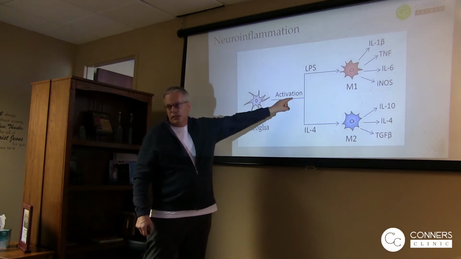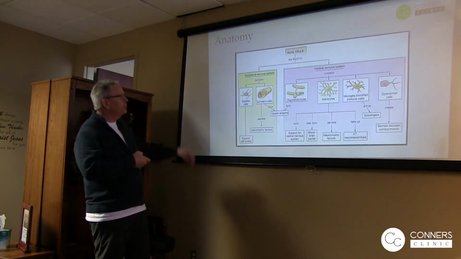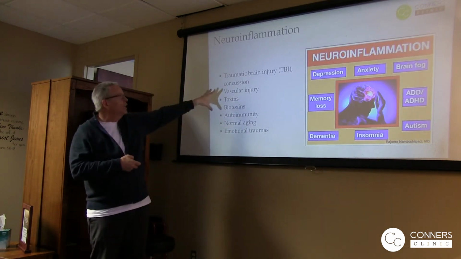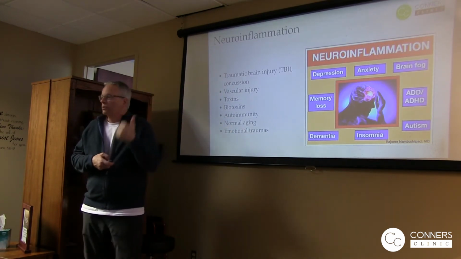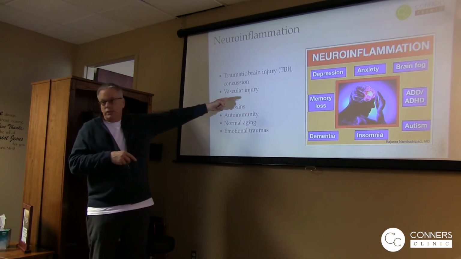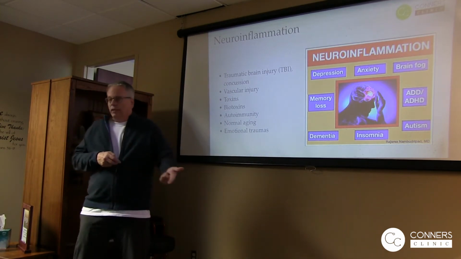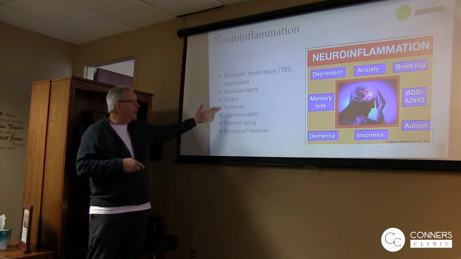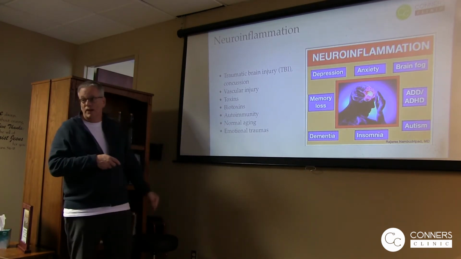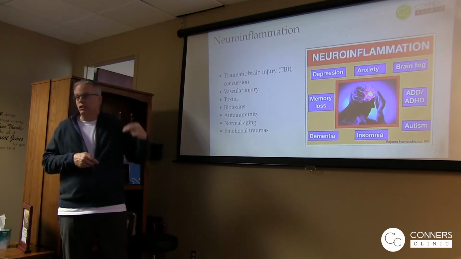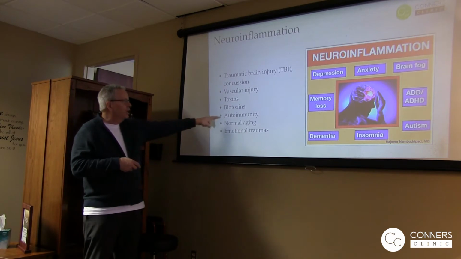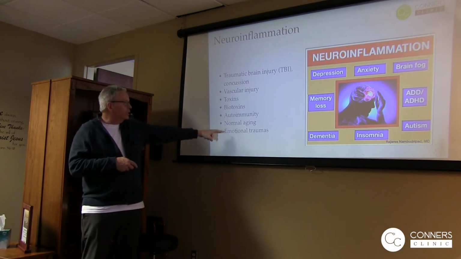What causes this? Go back to that other slide, back here. So what causes this? This. Trauma to the brain causes priming of microglial cells. Vascular injury causes priming of microglial cells. Toxins in the brain, biotoxins in the brain, autoimmune issues. So you have antibodies to self-tissue, neurons, and antibodies to microglial cells that cause priming of microglial cells.